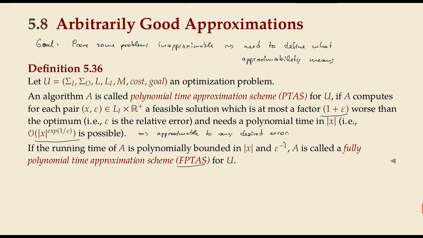So that when you make epsilon go to 0, you do allow a larger running time, but only in a moderate sense. Okay, so you can have 1 over epsilon to a fixed constant, a polynomial in this. That's fine, but not up to an arbitrary degree depending on epsilon.